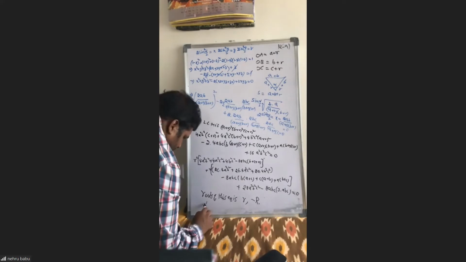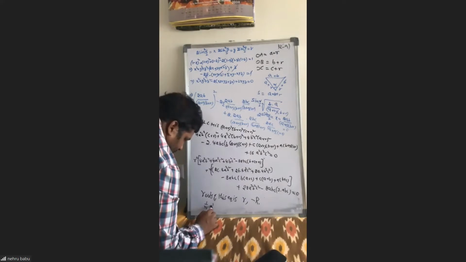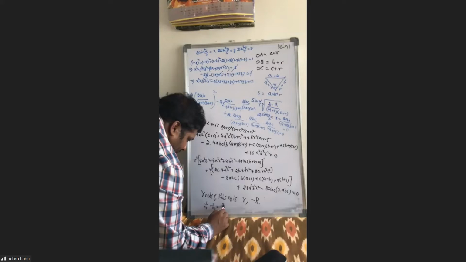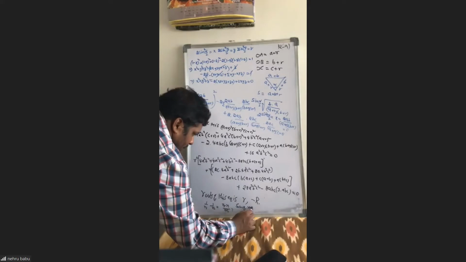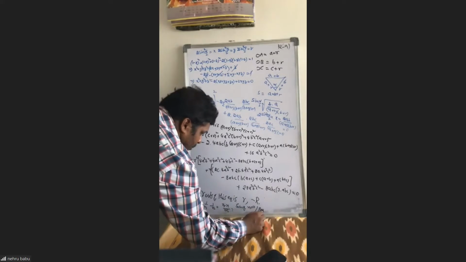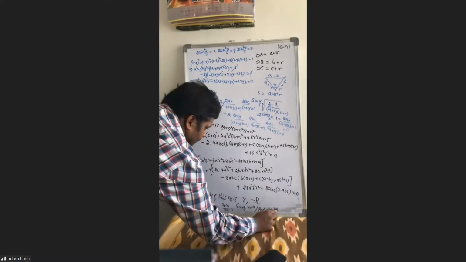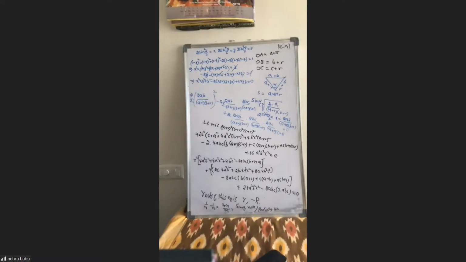Our question is 1 by r1 minus 1 by r2, which equals (r2 minus r1) by r1 r2. So indirectly it is the sum of roots by the product of roots. The sum of roots is minus b by a and the product of roots is c by a.